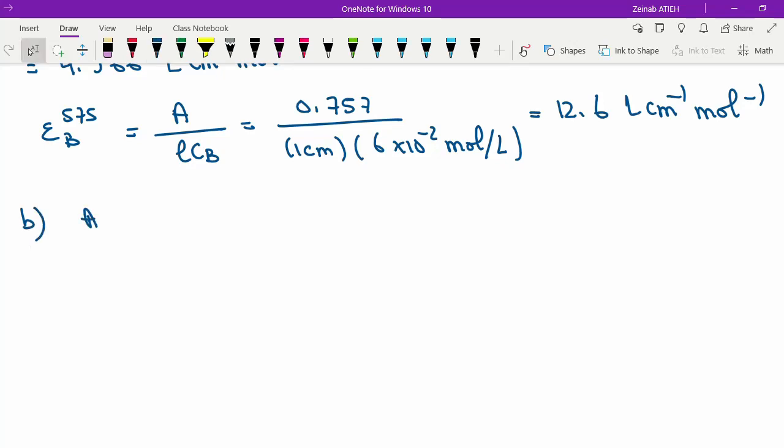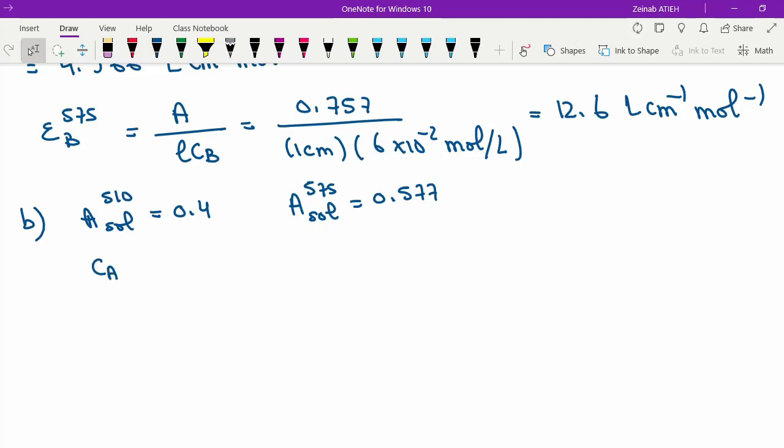A of the solution at 510 was given to be 0.4, and the absorbance of the solution at 575 was equal to 0.577. This is the given.